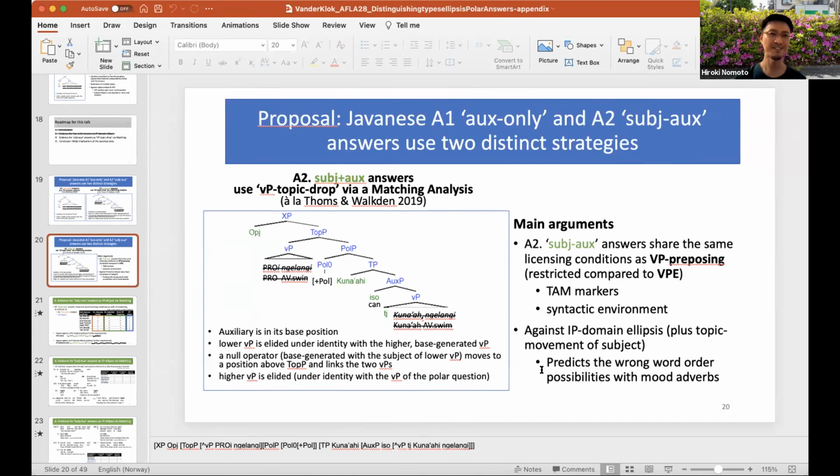Any thoughts? Yeah. In terms of interpretation, not so far. But as you mentioned, there is a specific prosodic contour where the TAM marker is lengthened, and you don't have to lengthen the TAM auxiliary in auxiliary-only answers.